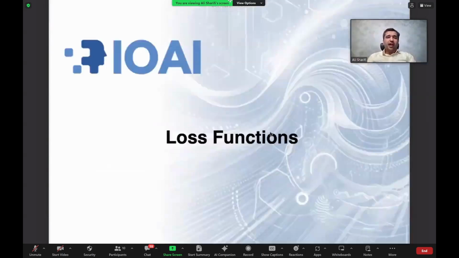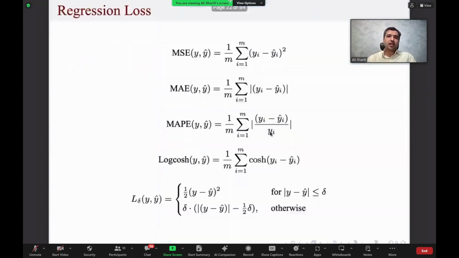So let's introduce other items of classical machine learning. A very important item in classical machine learning is loss functions. You already understood that, for example, in regression problems, there is the mean squared error, which means the difference between the true value of each sample and the predicted value, to the power of 2, and we compute the mean or average value among all samples.